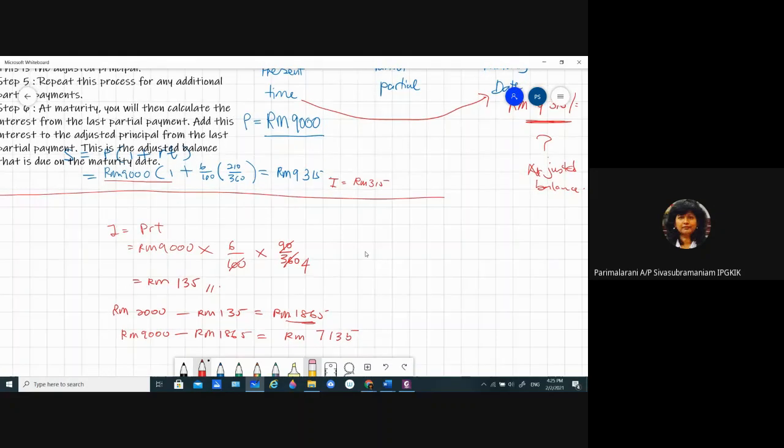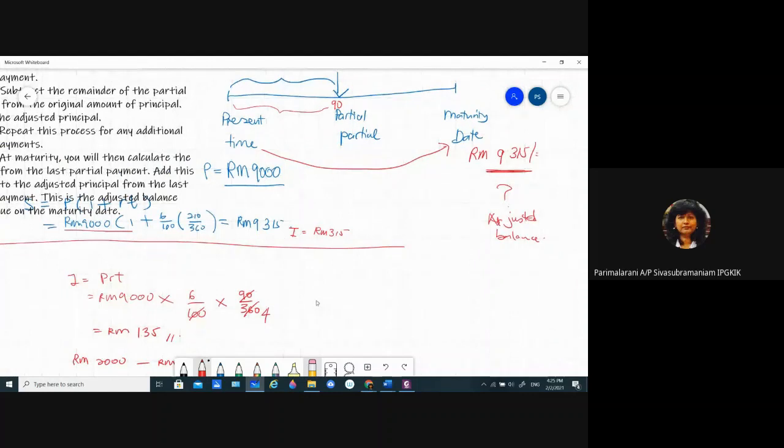So that means now the principal left here is 7,135. This is our new principal. Now we must calculate the new interest from here to here. So what is the new interest now based on the new adjusted principal here?